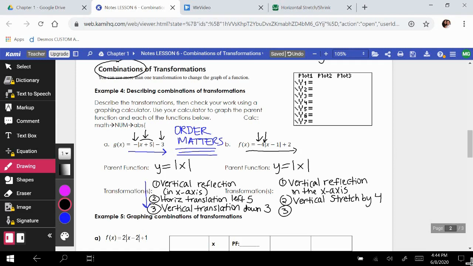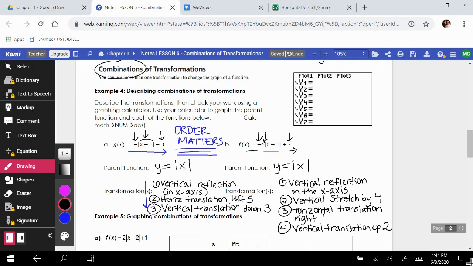Then we move inside the absolute values, that's horizontal something. Is it going to be a horizontal translation left or right? Minus 1, it's opposite of what you think, so it's going to be right 1. And then the last thing I see is this plus 2 out back. It's outside absolute value, so it's vertical. It's going to be a vertical translation up 2.